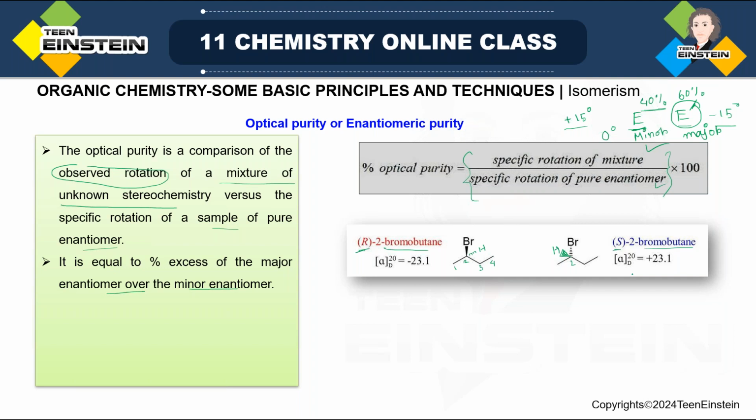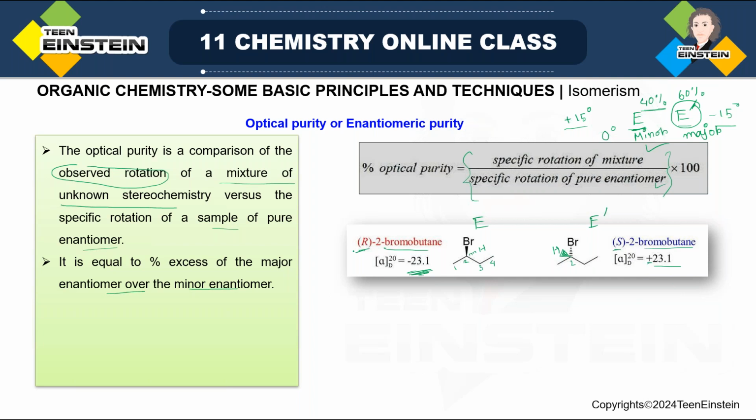How to decide R and S? We will come to that point later because there are some specific rules. We have to discuss it separately. But look at this value of specific rotation. It is minus 23.1. And as I have said, when you have a pure enantiomer, suppose this is E and this one is E prime, if one has some particular value with a negative sign, then its enantiomer will have the same numerical value, but the sign is changed.